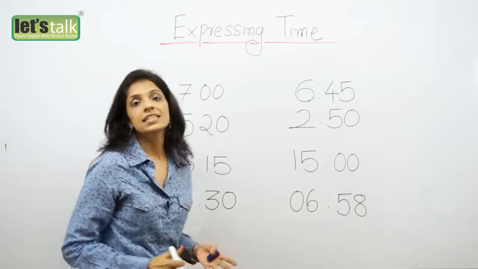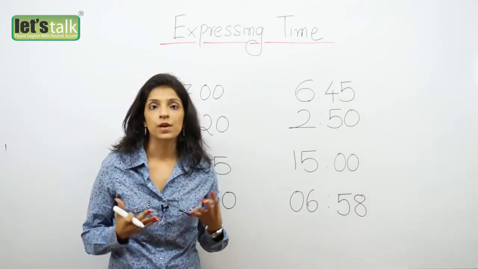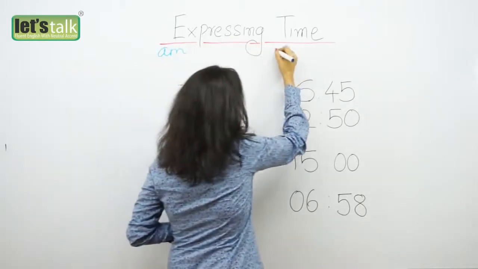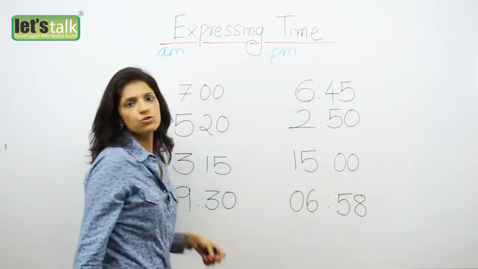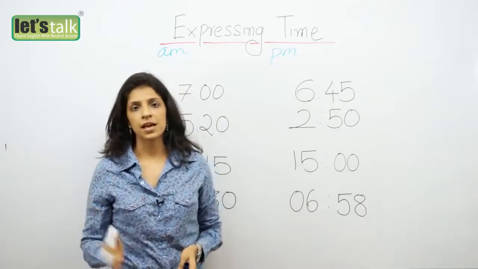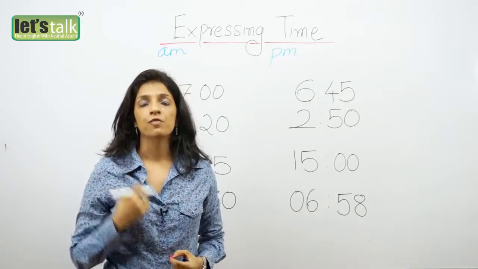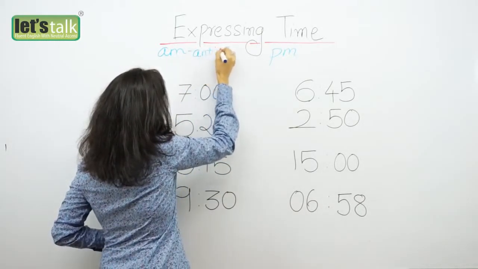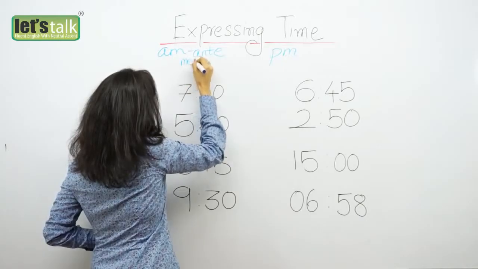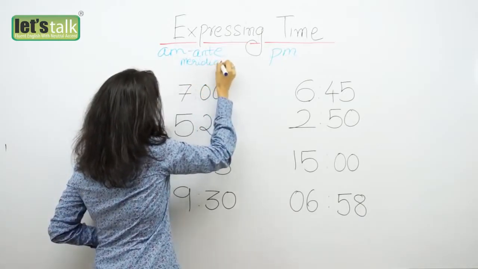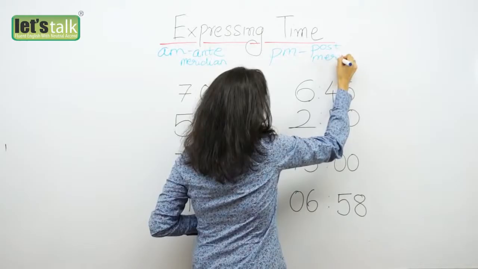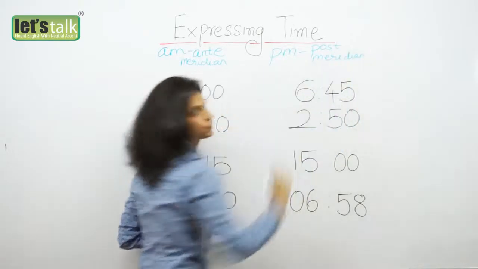Okay, the first thing is, people who use a 12-hour clock will always use terms like AM and PM. Now, I'm sure you say it's 8:30 PM, it's 7 AM, but do you really know the full form of AM and PM? Well, it means antemeridian and post-meridian, right?